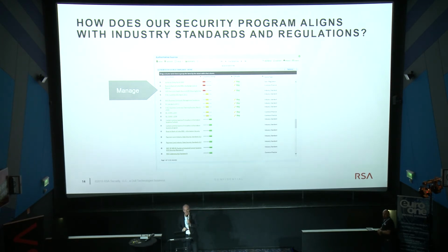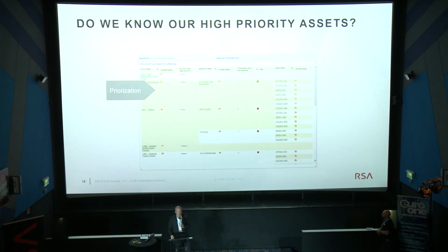We might need to think about investments for ISO chapter XYZ or NIST chapter XYZ, or you name it. With one single click, you see immediately where your weak spots are and where we need to invest our time, resources, and at the end of the day, the money.